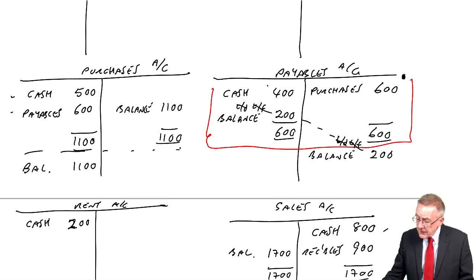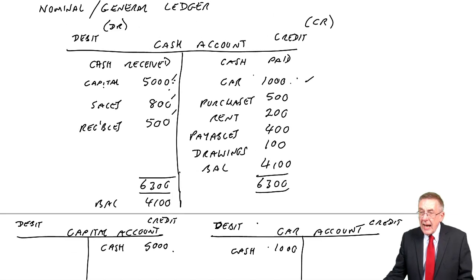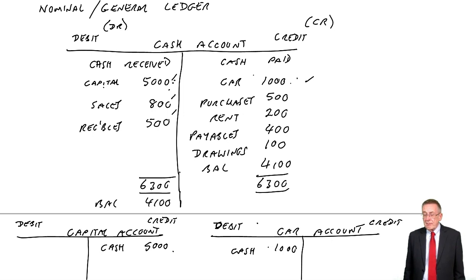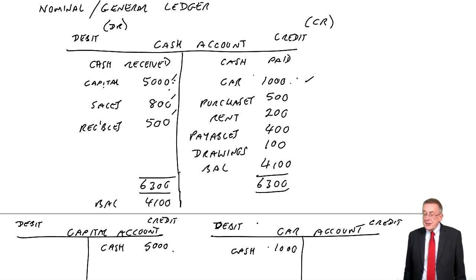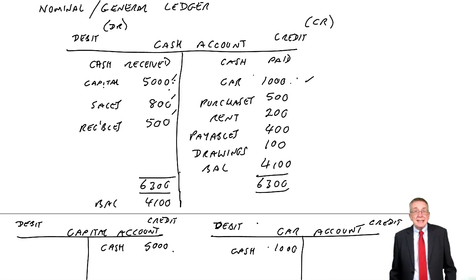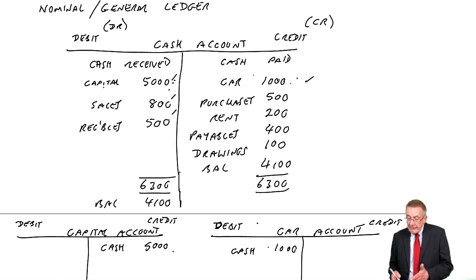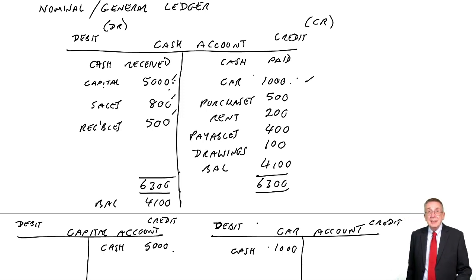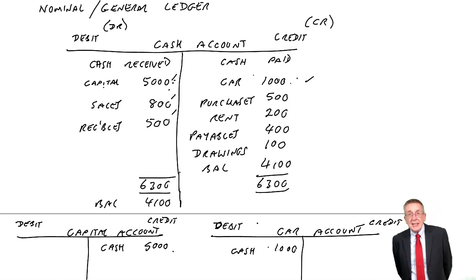But if you look at these accounts, some of these accounts are assets or liabilities for the statement of financial position. For instance, cash. Cash is on the statement of financial position. It's an asset. And at the end of our period, we've got cash of 4,100. And of course, we've still got 4,100 at the start of next year.